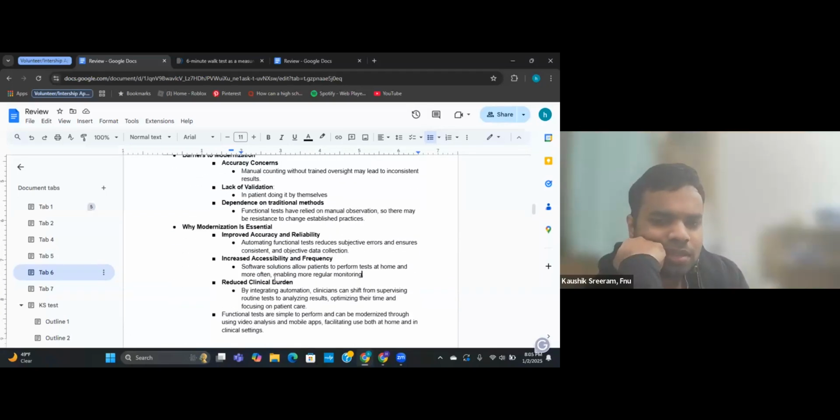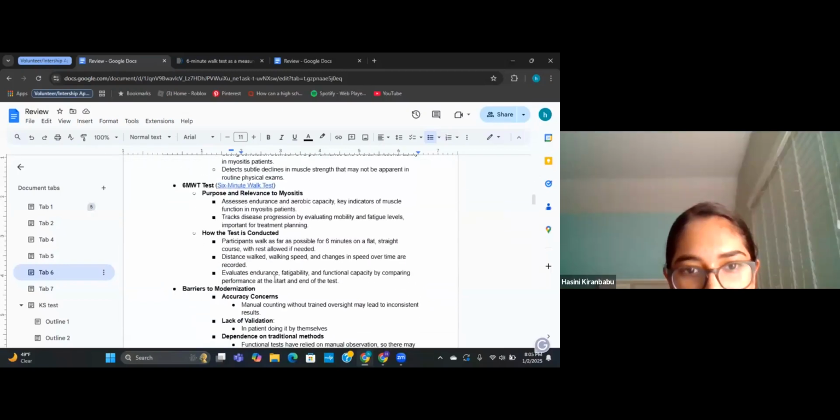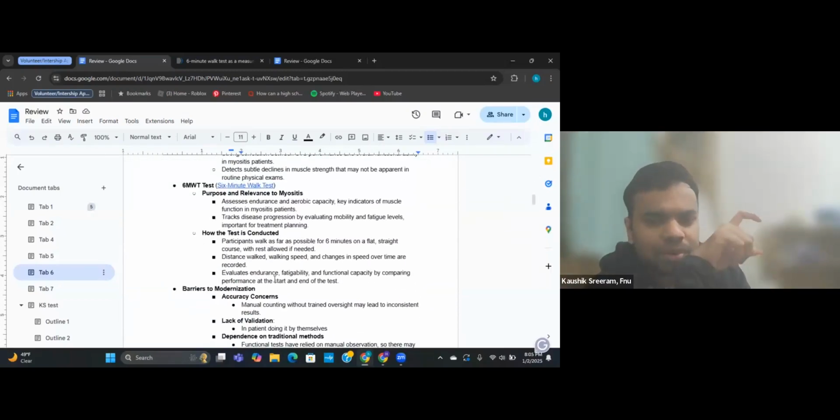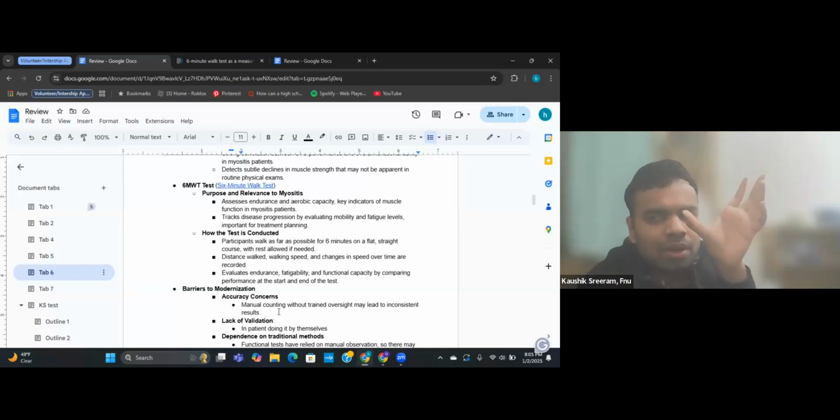Okay, go back. Look at the structure of what you have done for the 6 minute walk test. You have told the purpose and relevance to myositis. Here, what are the key factors? Endurance, aerobic capacity, and those are the things that are describing your muscle function. Your common pattern is that this is used to assess muscle function.